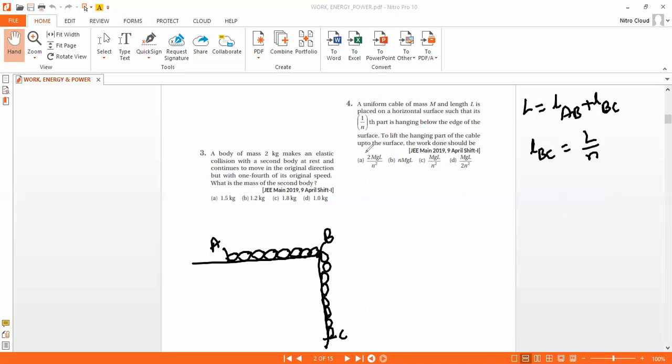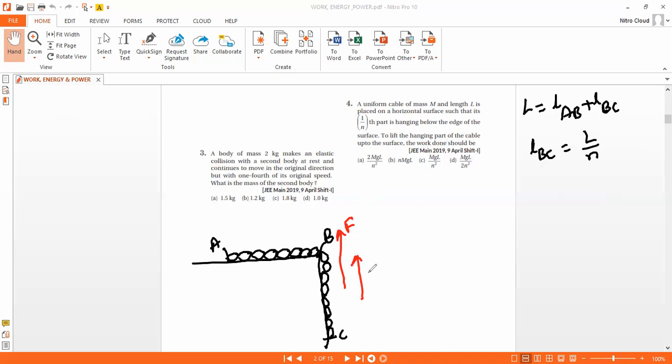To lift the hanging part of the cable up to the surface, that means we are applying a force. Whenever we apply a force, we are lifting the cable BC, so displacement will also be in the same direction.